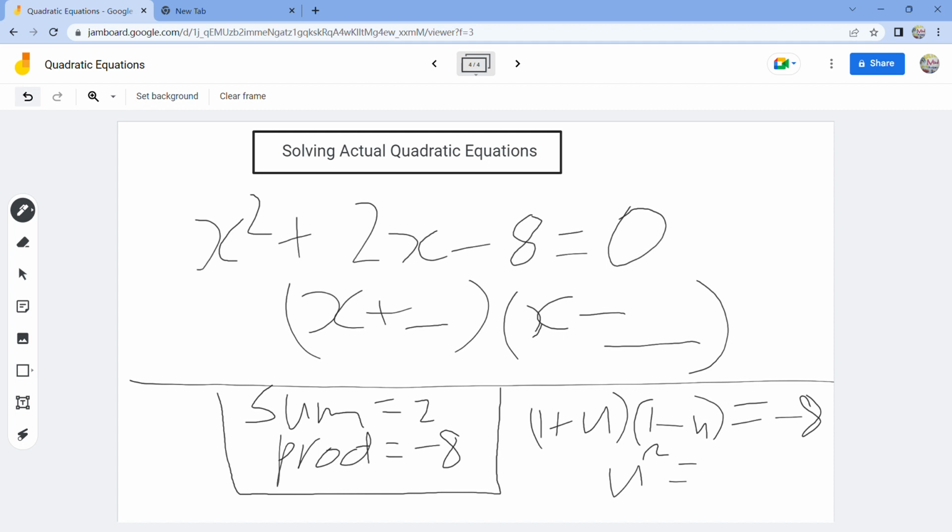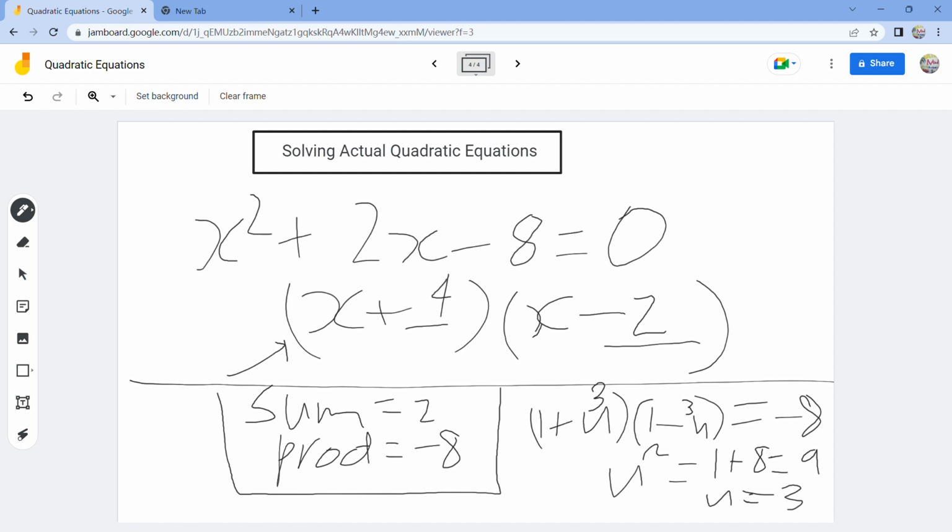So let's start solving it. Okay, so 1 plus u times 1 minus u is equal to minus 8. That means that u squared is equal to 1 minus minus 8, which is basically plus 8, which is equal to 9. That means u is the square root of that, which is 3. So, 1 plus 3 is 4, and 1 minus 3 is negative 2.